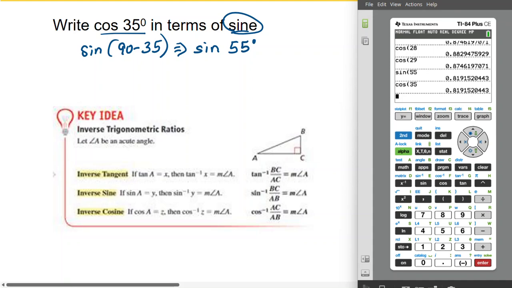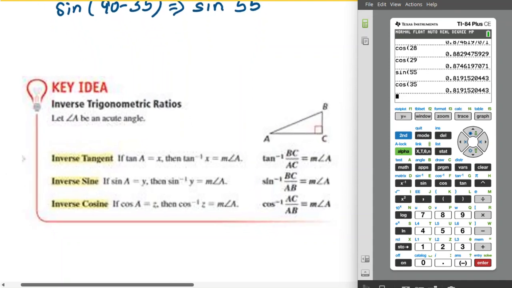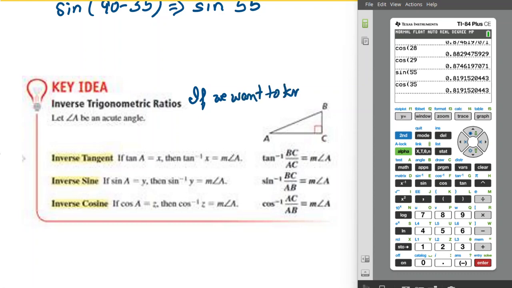So now we talk about this group of information. It talks about if we don't know, if we want to know angle size, and we use inverse trig function.